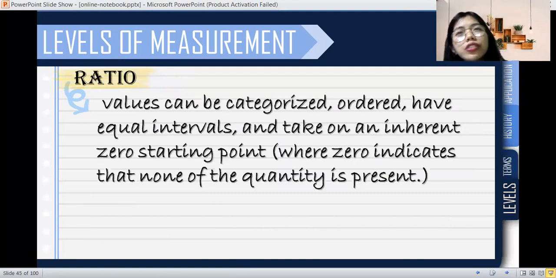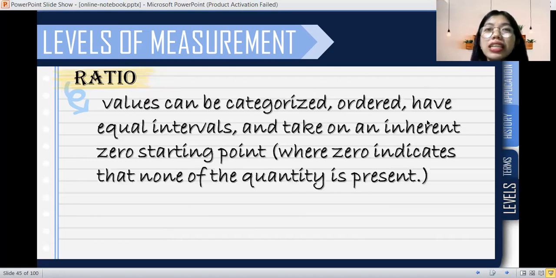Ratio. Values can be categorized, ordered, have equal intervals. Ayan po. So, yung ratio, meron na siya yung characteristics ni nominal, ni ordinal, and the interval. And also, it takes on an inherent zero starting point, where zero indicates that none of the quantity is present.